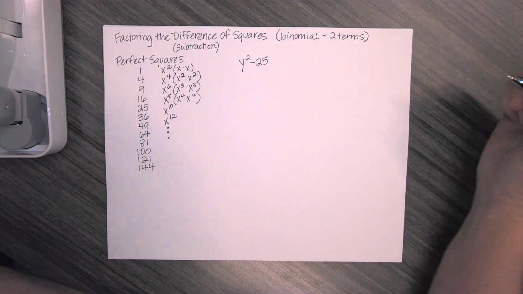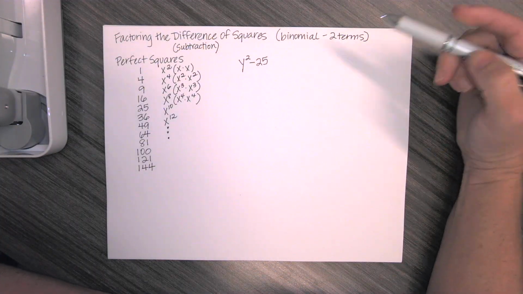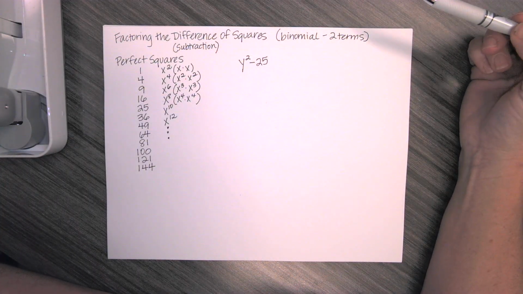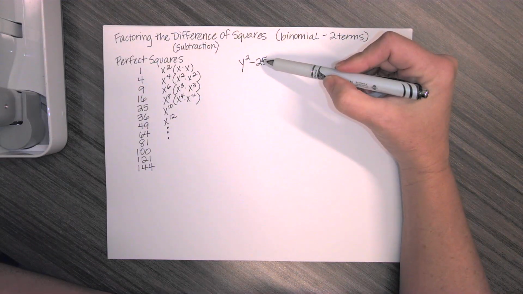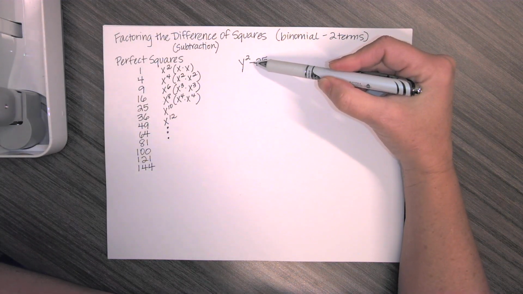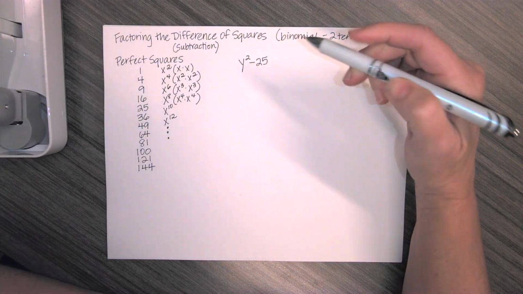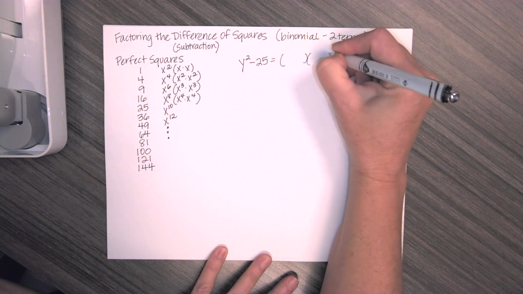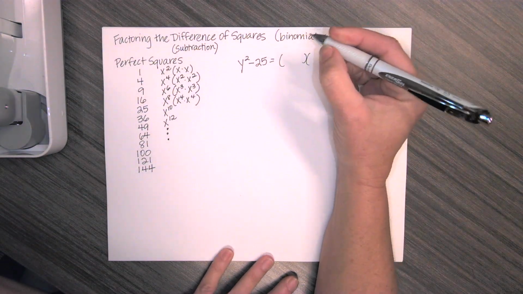Okay, so when we're factoring and we see that we have two terms, we want to check for difference of squares. So this is a perfect square, 25 is a perfect square, and they're being subtracted, so that means this is the difference of squares. So when you have the difference of squares, it's going to factor to two binomials.